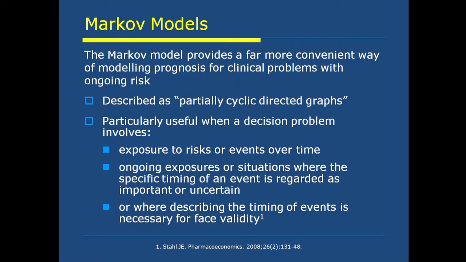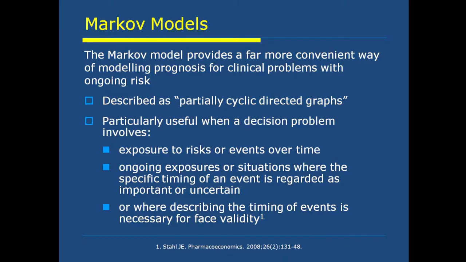The next type of model used to estimate effectiveness of the treatment is the Markov model. Markov models provide a far more convenient way of modeling prognosis for clinical problems with ongoing risk.